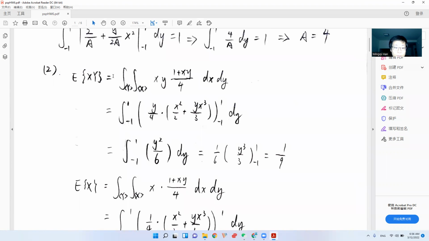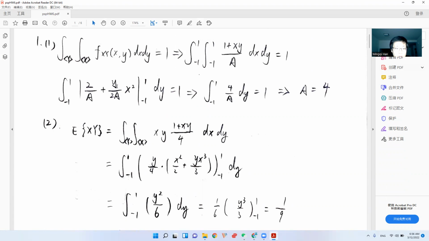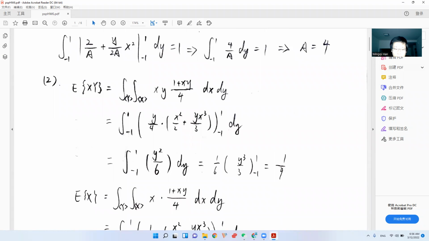We find E[XY] the way we usually find the expected value for a density function: we put an x and a y in, and do the integration over x and over y. Solving that, we get 1/9.